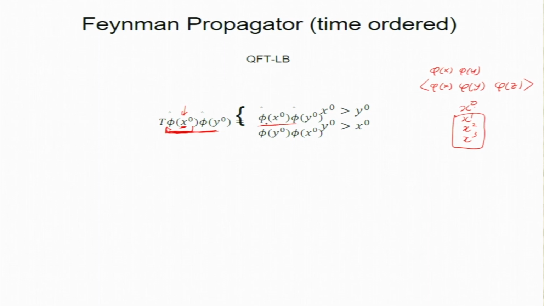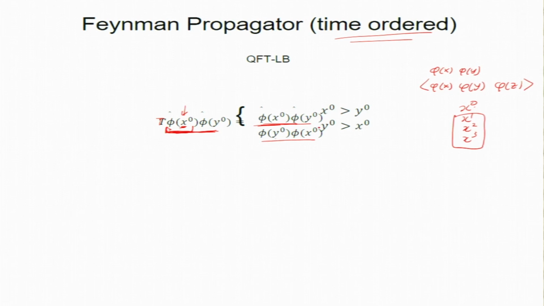So, here when I put a T, this is called the time ordered product. When I put this T, I can flip it around. You see here I have phi x, phi y and phi y, phi x both. The top one is when x0 is greater than y0 and the bottom one is when y0 is greater than x0.